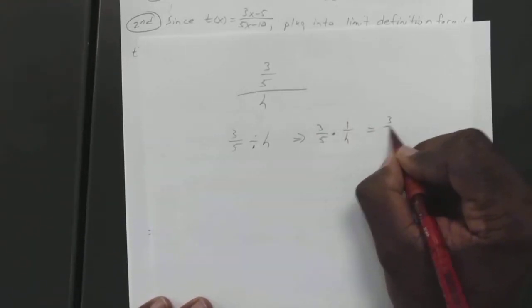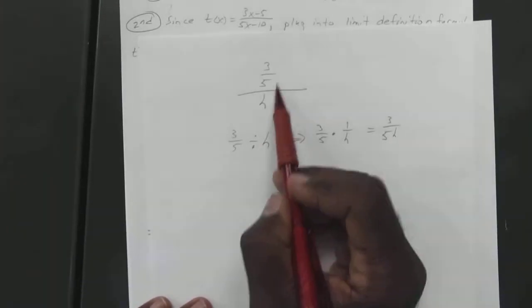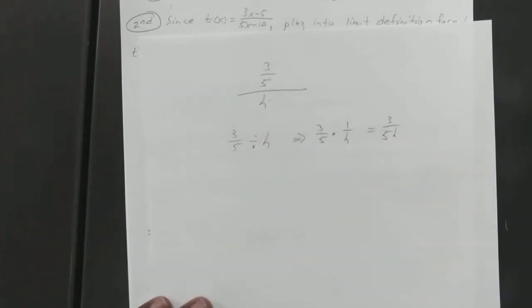So you have 3 over 5h. So that denominator just joins that denominator. Does that make sense? All right.